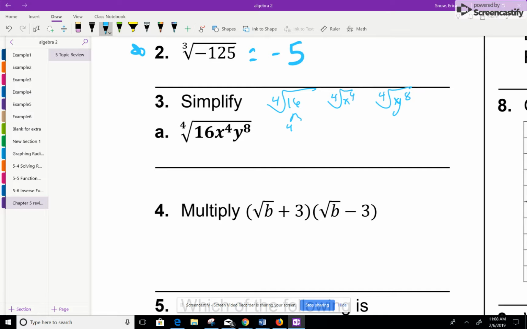You do your factor tree for 16. We have 4 2's, so our 2 comes out front. If you rewrite it as a rational exponent, this becomes x to the 1st, and y becomes y squared. So that is the simplified version for number 3.